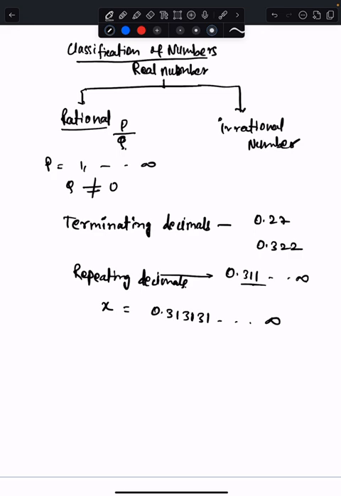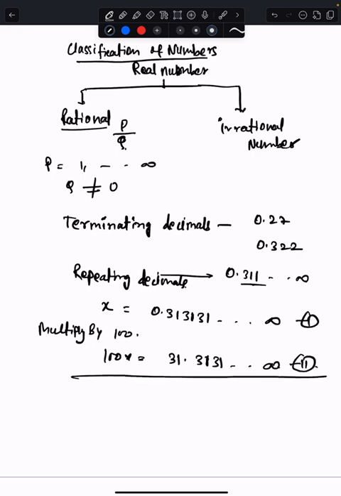Now if we multiply both sides by 100, what do we get? 100x is equal to 31.3131 up to infinity. If we subtract these two equations, what do we get?